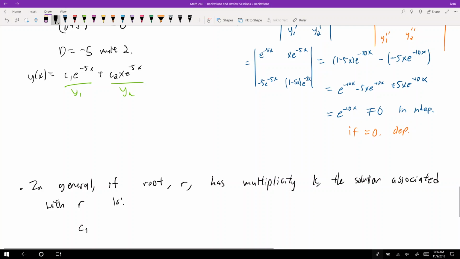You'll get C1 e to the Rx plus C2 x e to the Rx plus C3 x squared e to the Rx, plus dot dot dot all the way up to CK. Because your multiplicity is K, you need to have K linearly independent solutions. And this last one will be x to the K minus 1 times e to the Rx. Notice that these powers are always one less than whatever solution you're on.